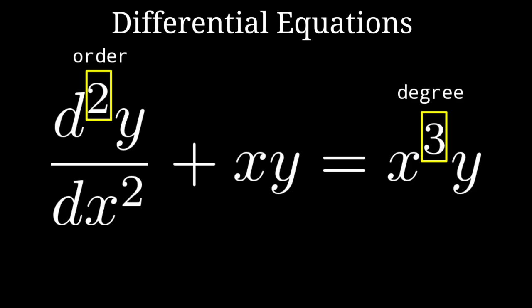The order means the highest power of the derivative present in the differential equation, and the degree means the highest power of the variable present in the differential equation. Just like the previous equation we solved was a first order linear differential equation. Similarly, we can have a second order, third order, fourth order, fifth order, even n order differential equation.